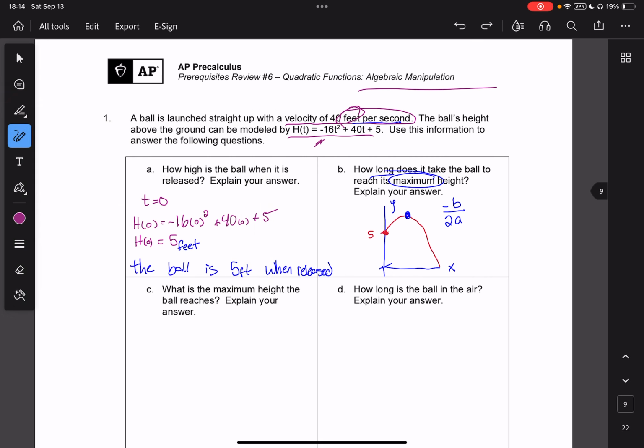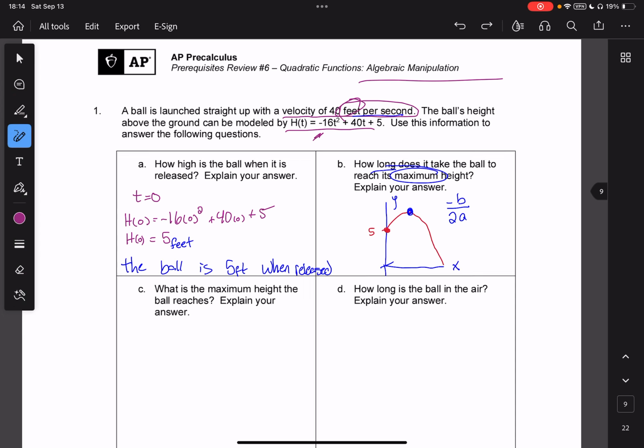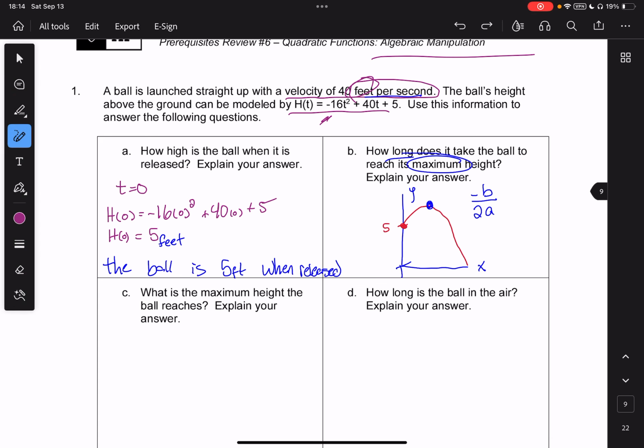So we just plug in our values. Our b is 40, and our a is negative 16. So now we're going to plug it into this equation. Negative b, so negative 40, all over 2a, which is negative 16.